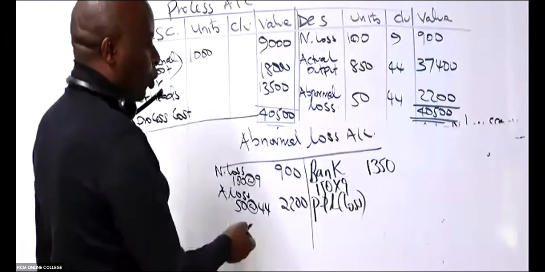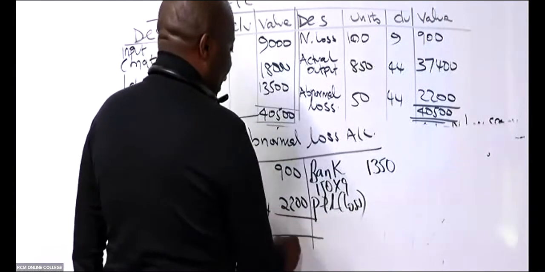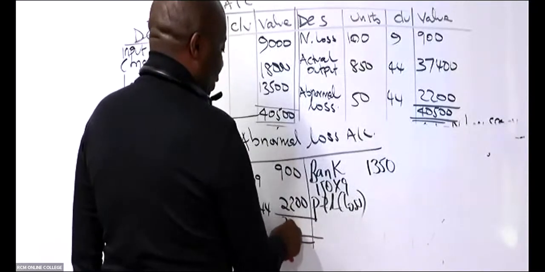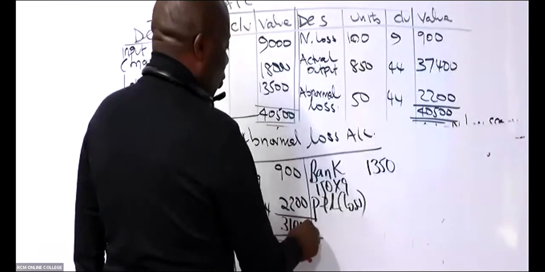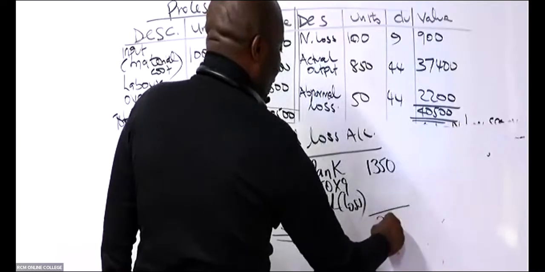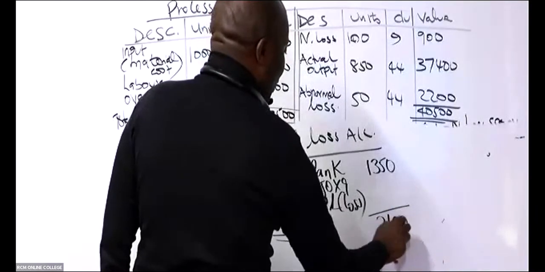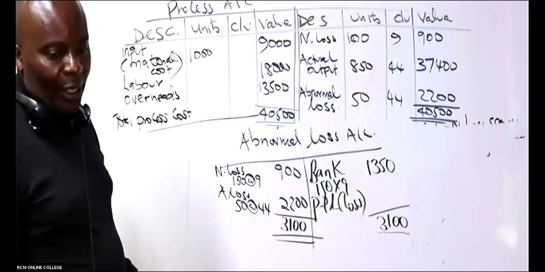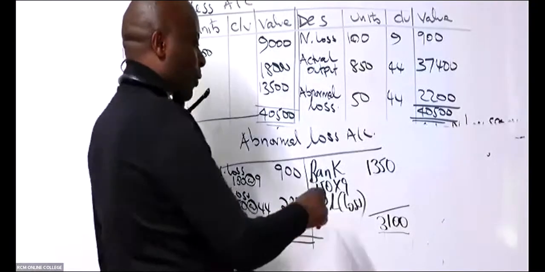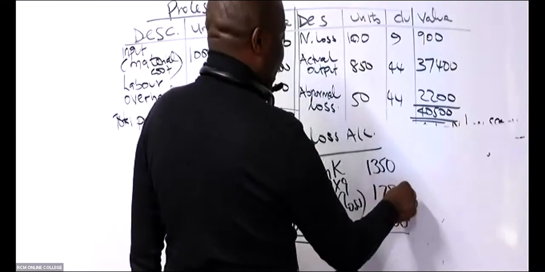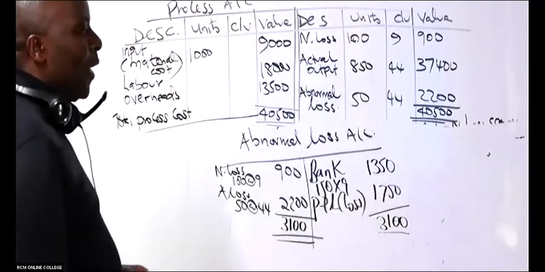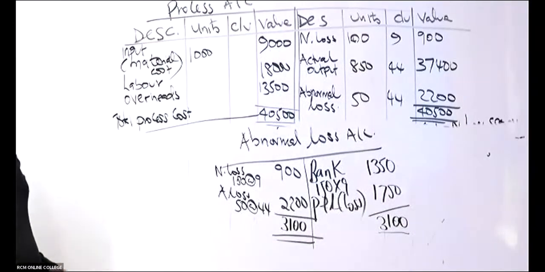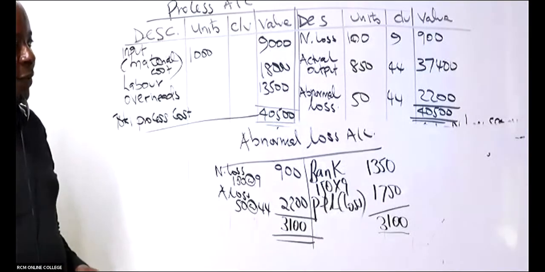So we come here and add. This gives me 3,100. Then what is the balancing figure? I'm told the balancing figure is 1,750.